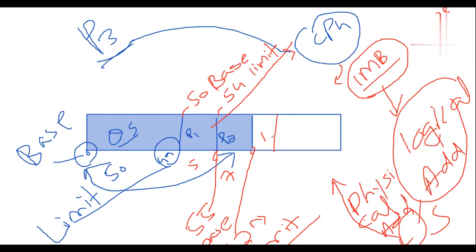Look, P3 will now be 63 up to 64, and 64 is still free. It means that 63 will be the base and this will be the limit. So now this base and limit both represent the physical address.